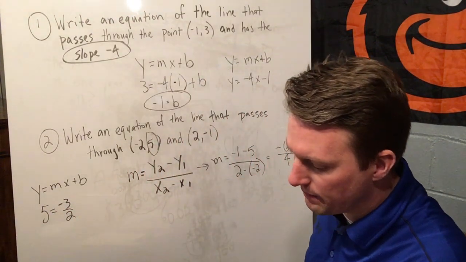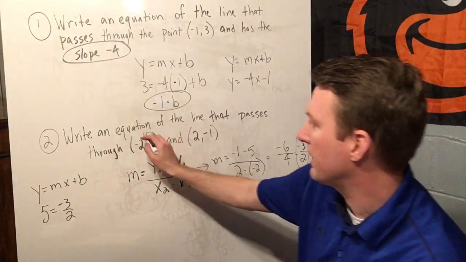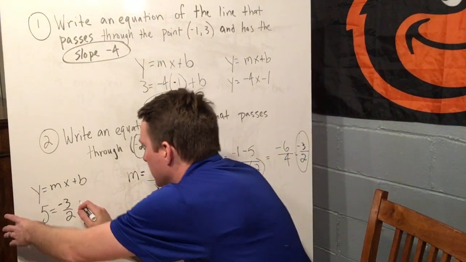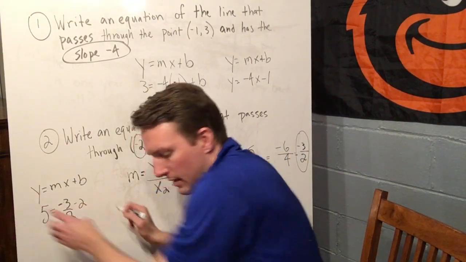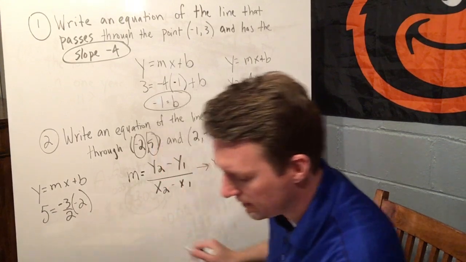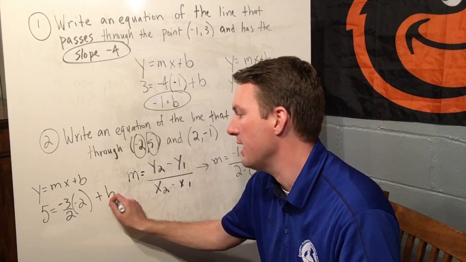And x would be -2 because we're using (-2, 5). Okay? And we could put parentheses around it because a negative and a negative. And b is the y-intercept. So we're going to add plus b.